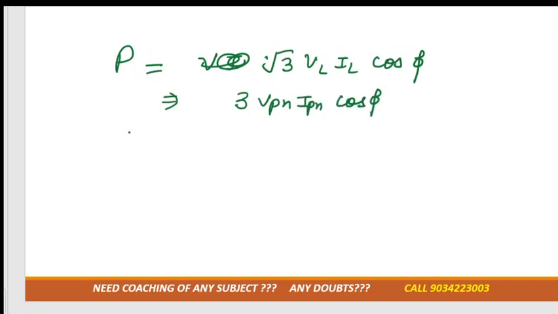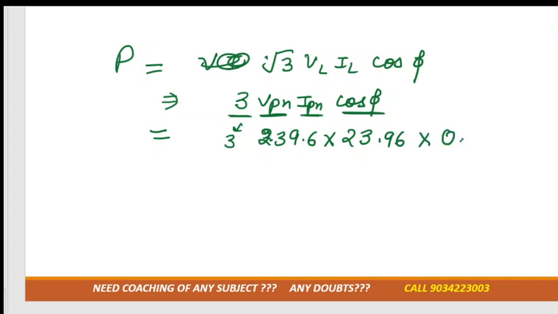We know the value of 3, we know VPH, we know IPH, and we know cos phi. In power, we never consider the angle. We'll always consider the magnitude. VPH we know, that is 239.6. IPH also we know, that is 23.96. Cos phi we just calculated, that is 0.8. So after solving this, we'll get 13.77 kilowatt. That is the active power.